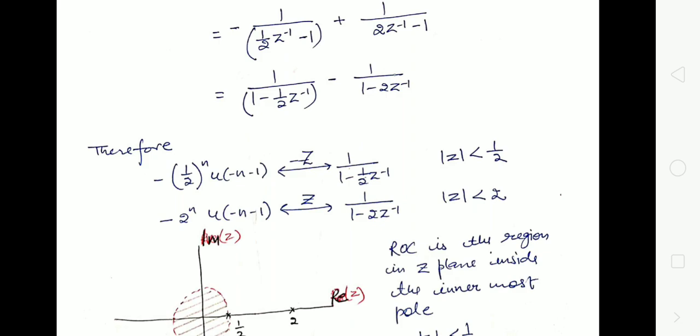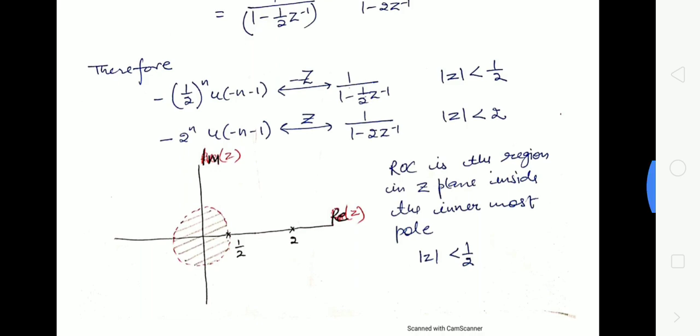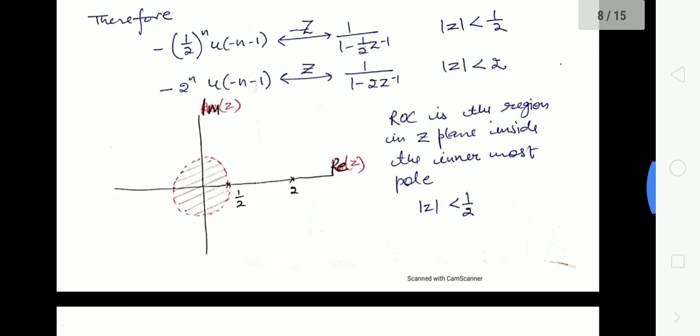As we have already discussed in the property of ROC, the ROC will be the region in the z plane inside the innermost pole. In this case, the innermost pole is 1 by 2, because there are two poles, 1 by 2 and 2. So the ROC is the inside region of the circle of the innermost pole. So this is the shaded area shown in this figure.